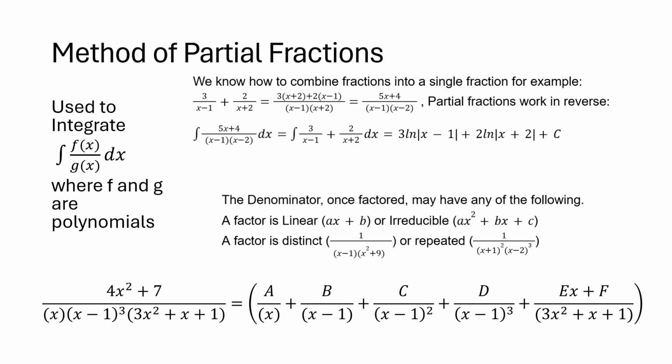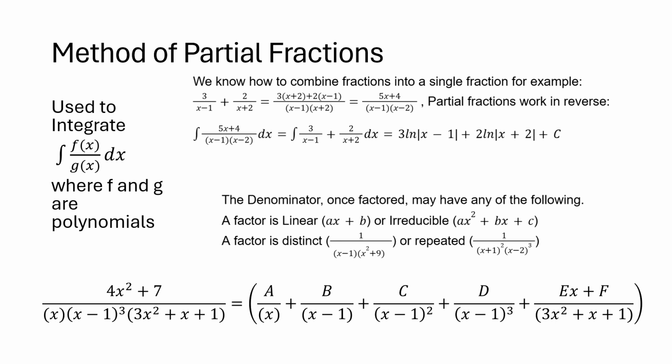The denominator, once factored, may have any of the following. A factor is linear or irreducible, and a factor is distinct or repeated. A note: if f over g is not a proper fraction, first you need to rewrite using long division. After doing so, the last term will be a proper fraction, and the method of partial fractions can now be used on it.